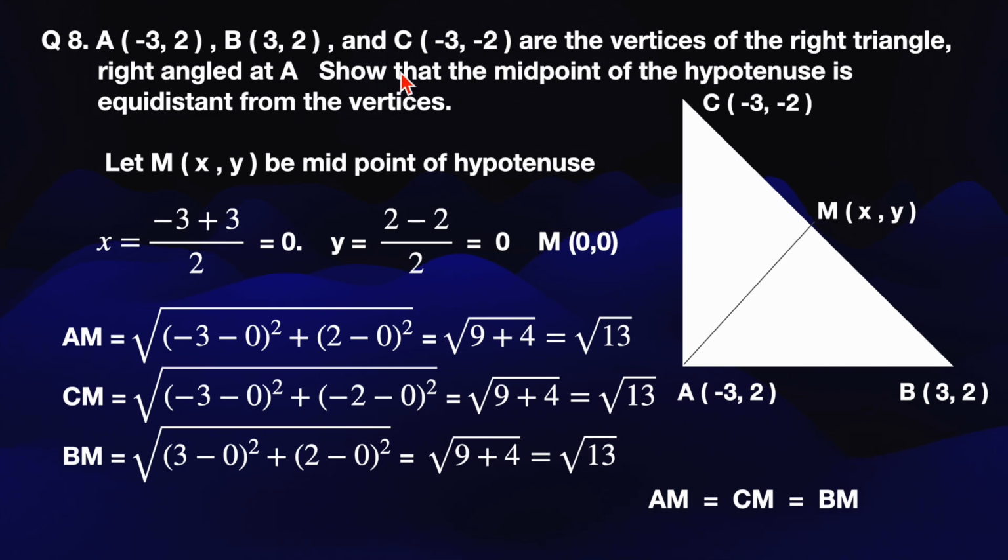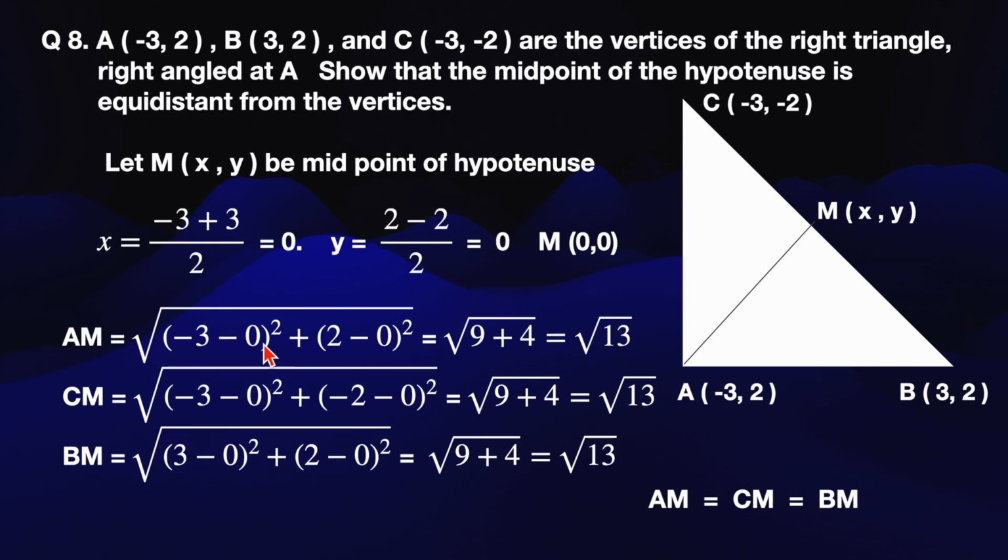Now, we have to show that the midpoint of the hypotenuse is equidistant from the vertices. Equidistant means this distance is equal to this distance is equal to this distance. So, these are the 3 vertices, and M is at an equal distance from the 3 vertices. So, let's find out by the distance formula. You know the distance formula, square root of (x2 - x1) whole square plus (y2 - y1) whole square.